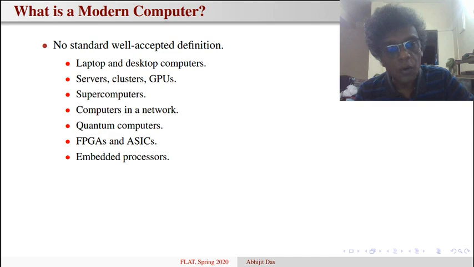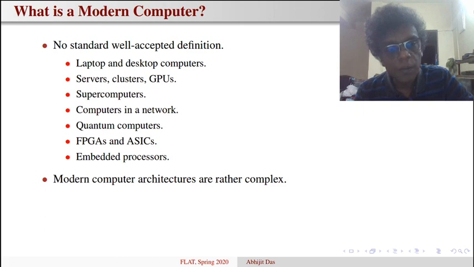And also, your telephone, your washing machine, etc. Everything has some embedded processor. This is the Internet of Things. Anyway, which one shall I consider as a modern computer? This is a difficult question.